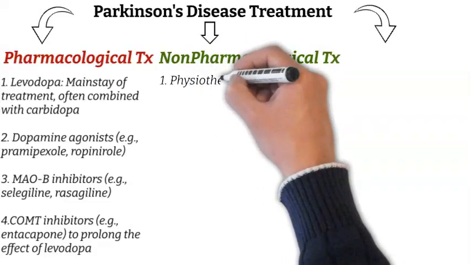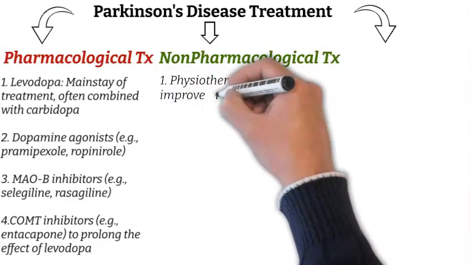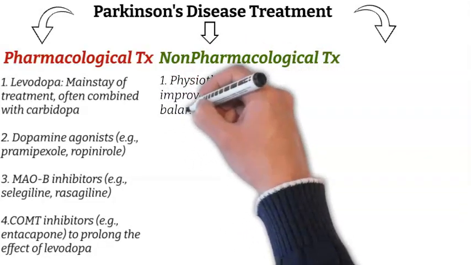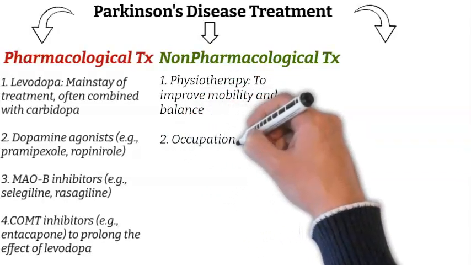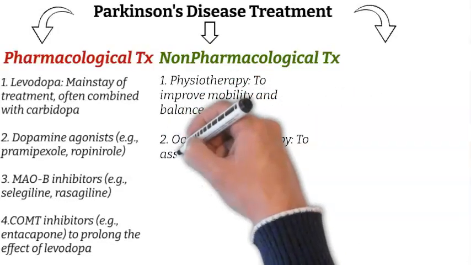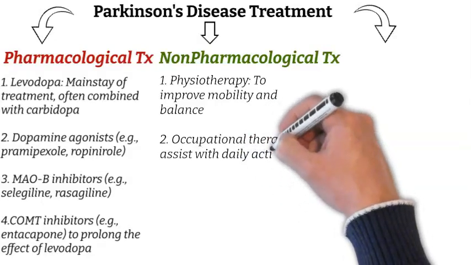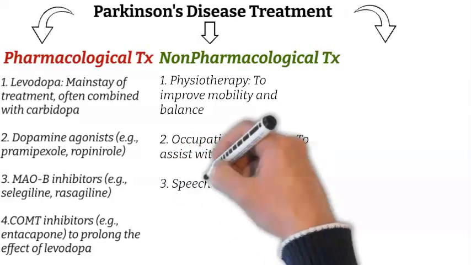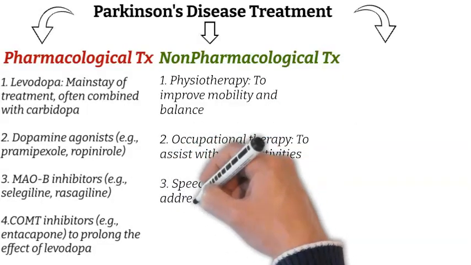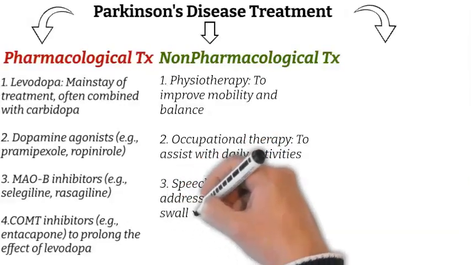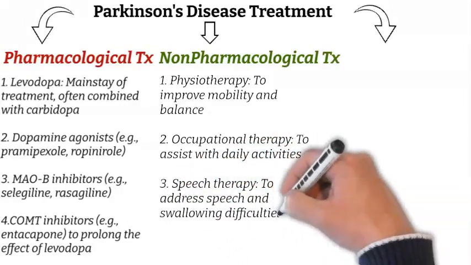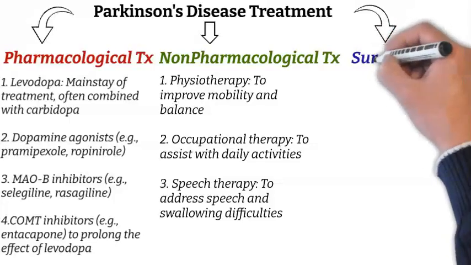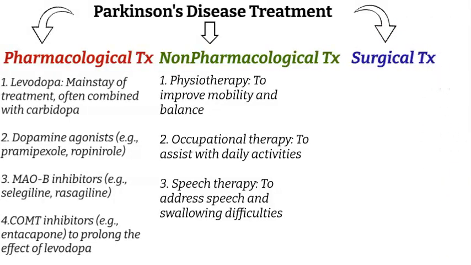Second one is non-pharmacological treatment. We can use physiotherapy to improve mobility and balance, occupational therapy to assist with daily activities, and speech therapy to address speech and swallowing difficulties. Now, last but not least, surgical treatment.